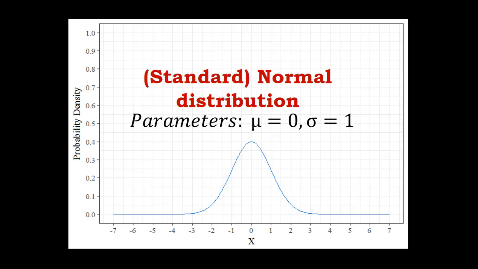And it has two parameters, mu, which is the mean of the distribution, which in this case is 0, and sigma, which is the standard deviation of the distribution, which in this case is 1. Now, when we've got a normal distribution with mu 0 and standard deviation 1, that is a standard normal distribution.